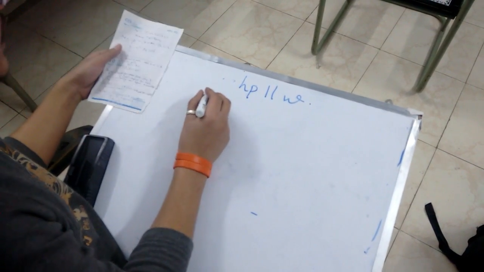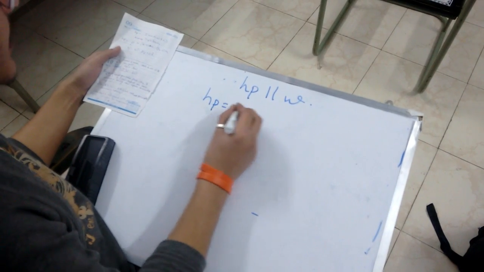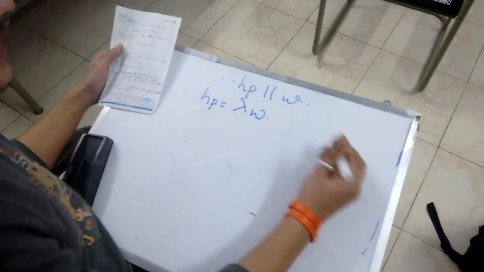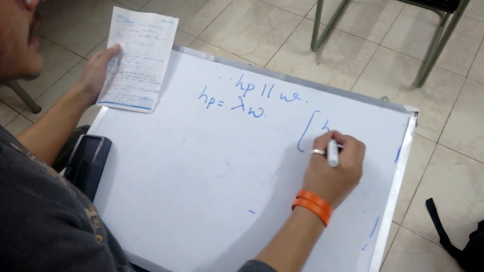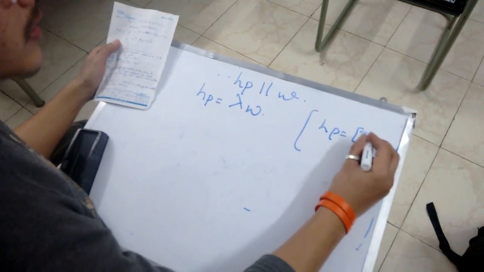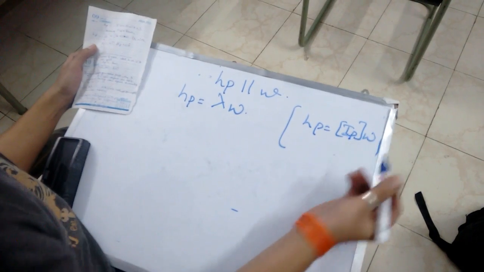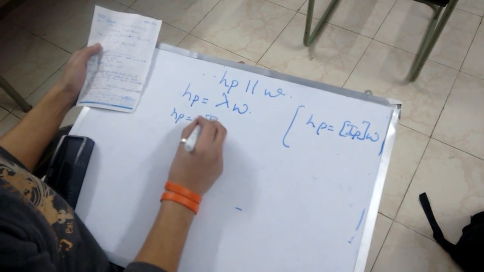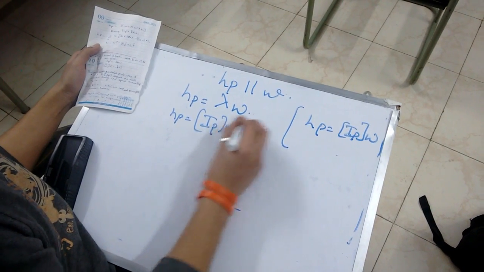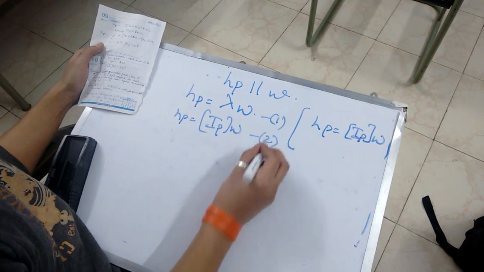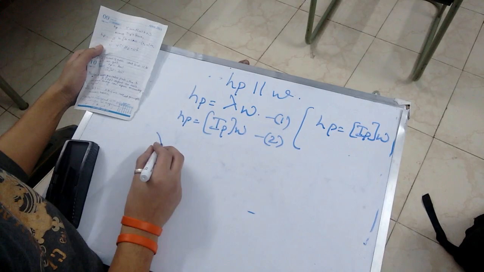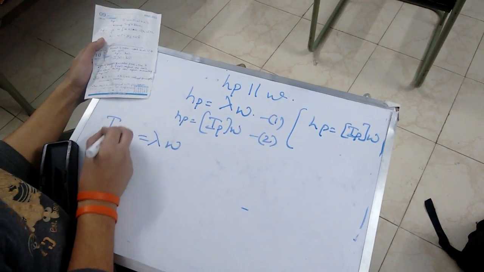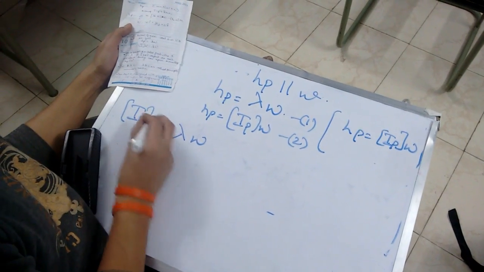Then we'll get Hp equal to lambda omega, and using the equation that we introduced at first, that is Hp is equal to IP omega, and equating 1 and 2, we will get lambda omega is equal to IP omega.